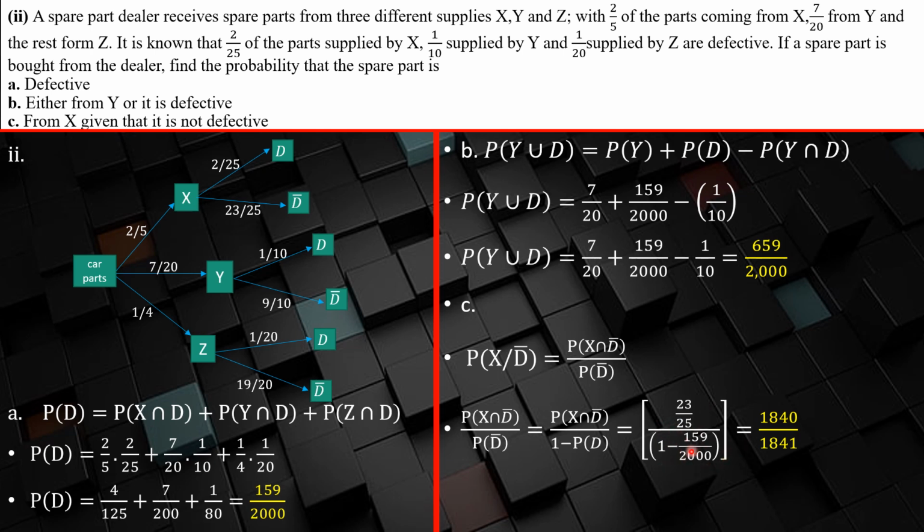And then we go over, another mistake a student can do here is that it comes here and it says, all right, probability of getting a car part from X and it's defective. So you simply take 2 over 25 multiplied by 2. That would be terrible, okay? That would be wrong. All right, so you're not really interpreting the fact that, hey, we are talking about just getting a car part from X, or it is generally defective in the whole experiment. All right, so this is an entire experiment. It's not just talking about X. Good. So that is 23 on 25 there, and you do that probability is 1840 over 1841, and that is our result.